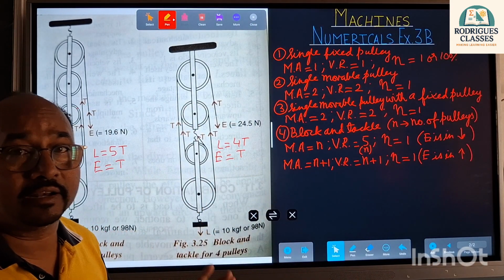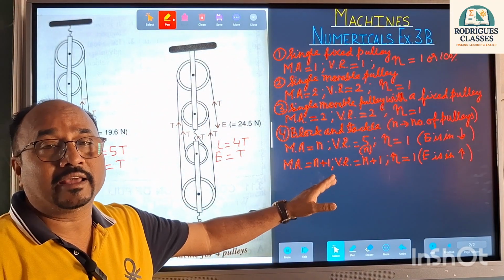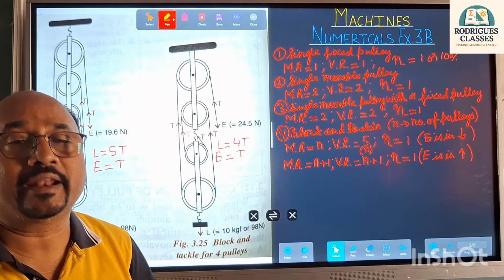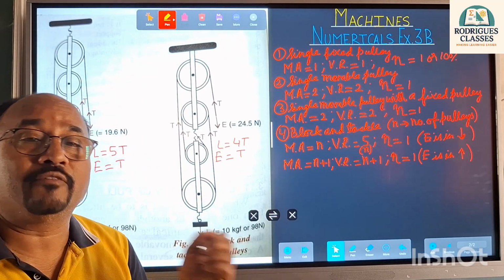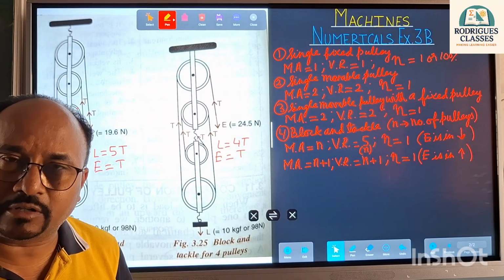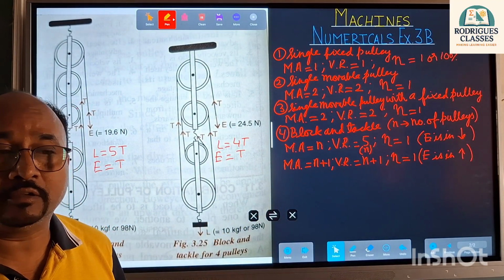So that has to be remembered. So very important, again I repeat, we write the mechanical advantage and velocity ratio directly. But if load and effort are given, for mechanical advantage we will have to find it with load by effort, and velocity ratio will be by this formula only.